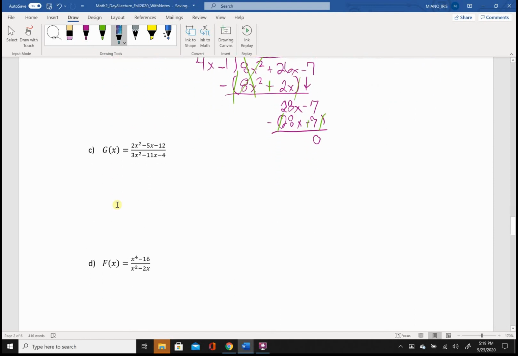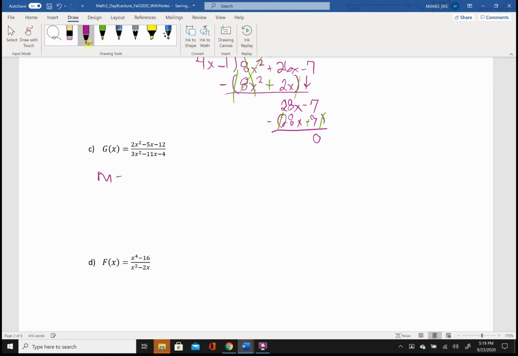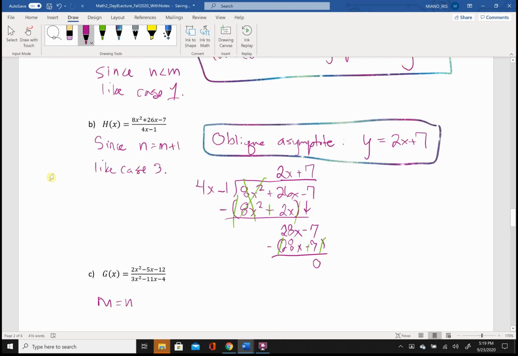Moving on to G. Check that out. Okay, so what are the degrees of numerator and denominator? How do they compare? Well, this is an instance in which the degrees are equal. So since m is equal to n, the degree of the denominator is equal to the degree of the numerator.